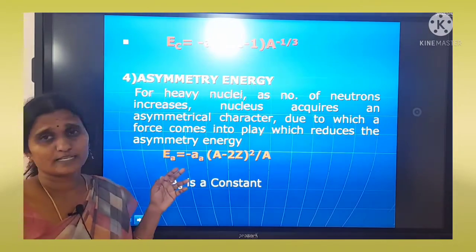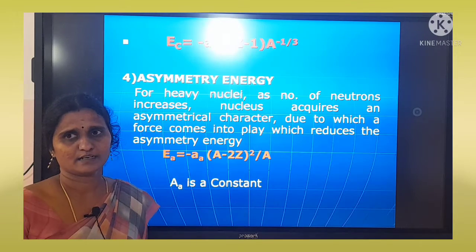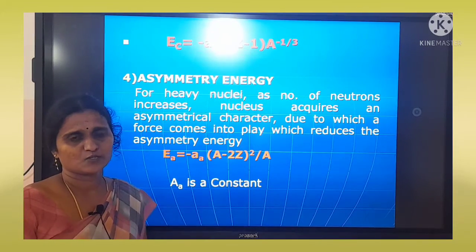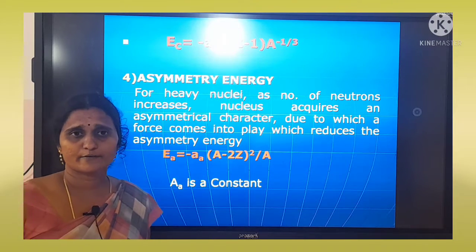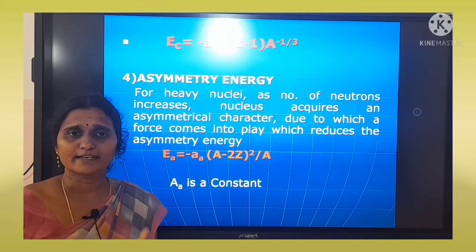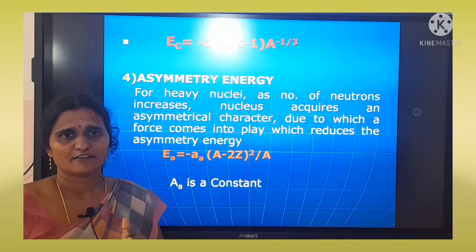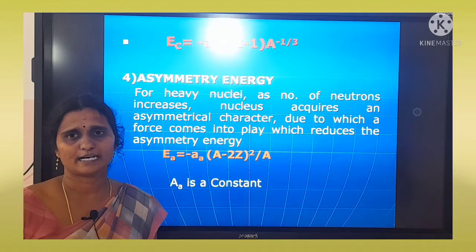Then the next one is symmetry energy. Symmetry here means lack of symmetry. Maximum stability of the nucleus will occur when the total number of protons is equal to the total number of neutrons, that means capital N is equal to capital Z. Only under this condition will the maximum stability of the nucleus occur.